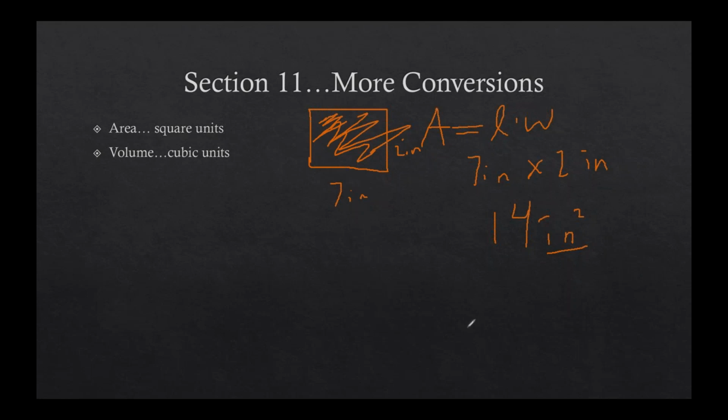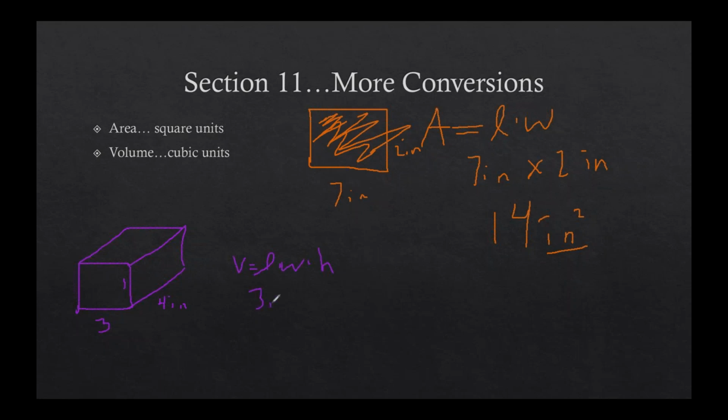Similarly, if we're talking about volume, volume is 3-dimensional. So if I say I've got a box here, that's a pretty good 3-dimensional shape using a mouse. Let's say this is 3 by 1 by 4, and they're all in inches. Well, volume of a rectangular prism is length times width times height.